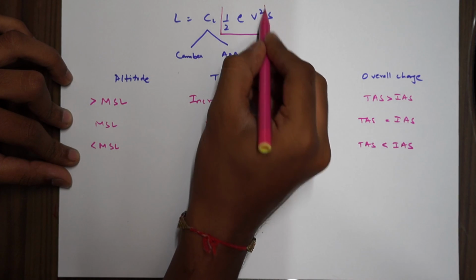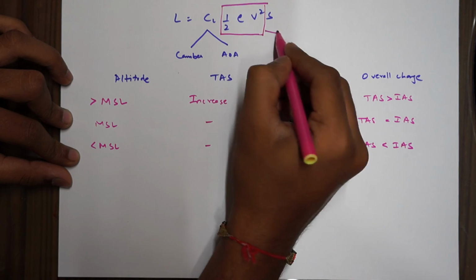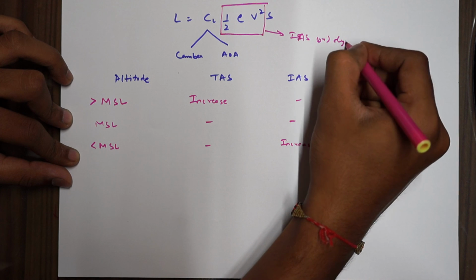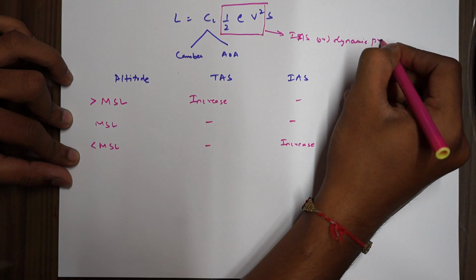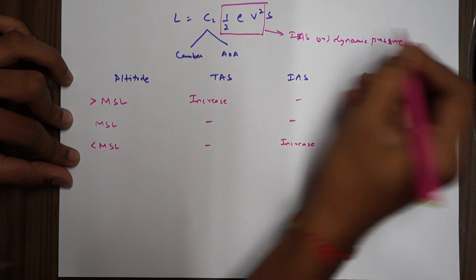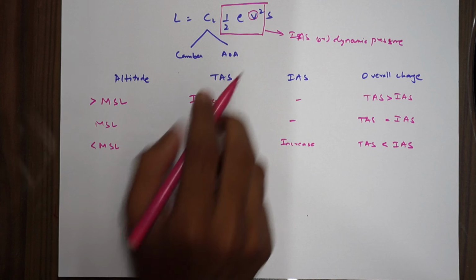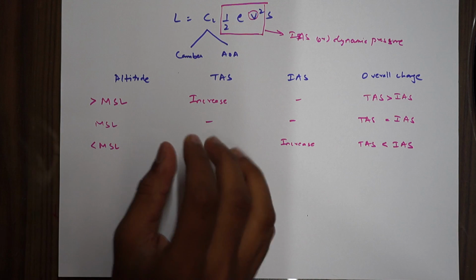This whole thing is your IAS, or dynamic pressure. On the previous page, I remember I told you this is TAS, but the whole thing together becomes indicated airspeed.